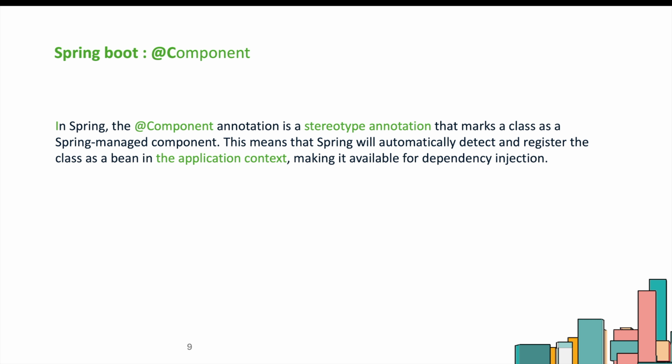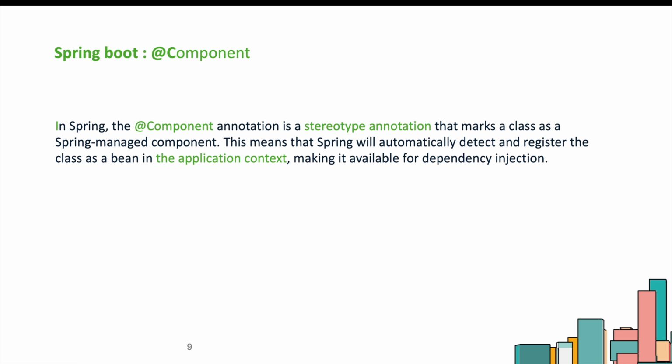This annotation can be called a stereotype annotation. If you put the annotation on the top of any class, the class can be considered a component for the Spring container. When you put @Component on the top of the class, whenever the Spring application starts, it will scan its packages and subpackages in the classpath to make sure that any components are available.